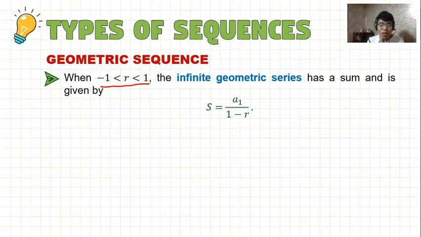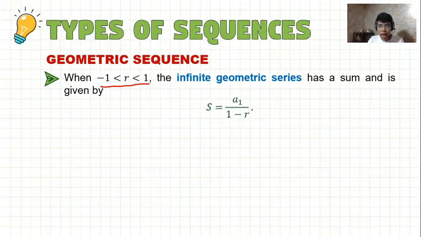Now, if it is not between negative 1 and 1, that is if your r is greater than or equal to 1 or less than or equal to negative 1, wala tayong formula for that one. So, yung series natin, mag-a-approach siya sa positive infinity or negative infinity.